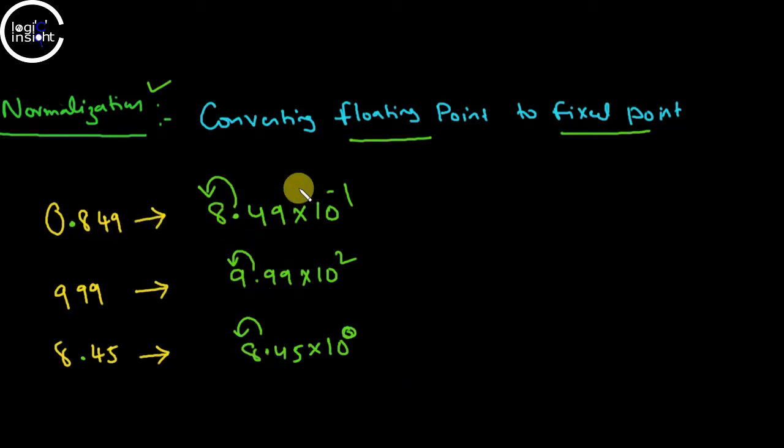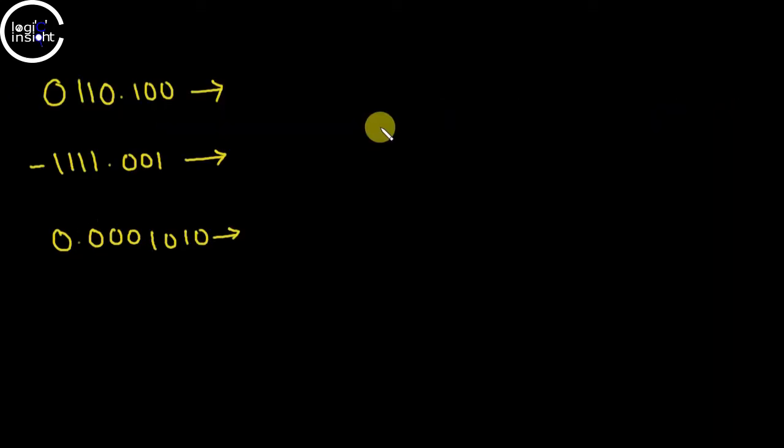To understand the binary concept, I explained it in the decimal system. Now we will go into the binary system. Suppose I take a number and convert it into binary, then this is how it is represented. How can I normalize this? Same logic: 1.10100 into 2 power 2, since here the base is 2.